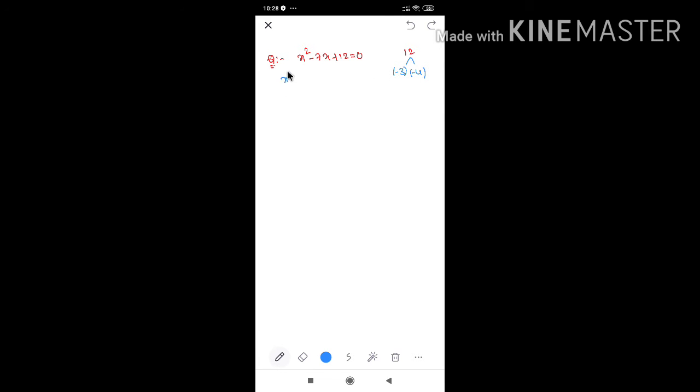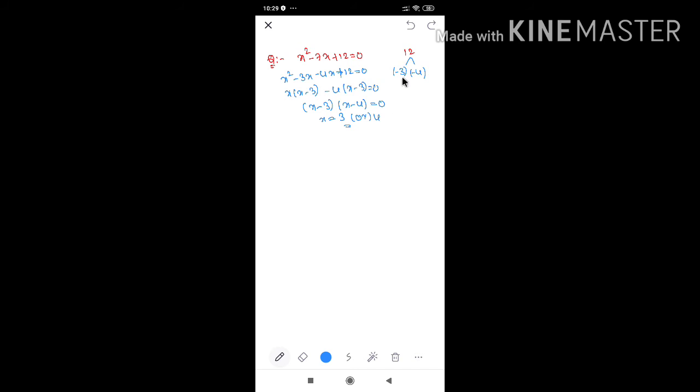So directly I am writing x² − 3x − 4x + 12 = 0. x common, x − 3; minus 4 common, x − 3, equals 0. Finally, (x − 3)(x − 4) = 0. x is equal to 3 or 4.